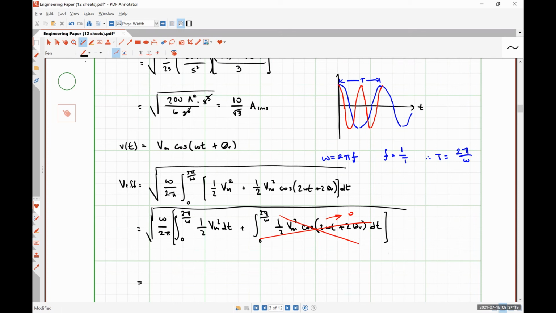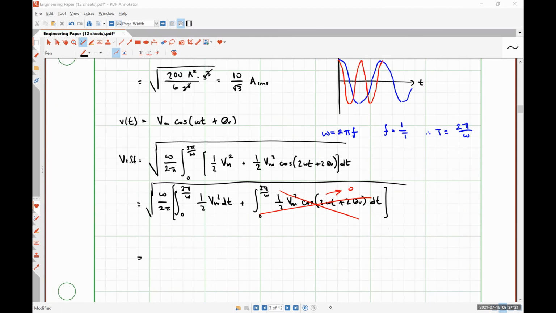So I'm going to have the square root of omega over 2 pi. I'm going to take out my factor of 1/2 Vm squared here, and then I'm just going to have t evaluated at 2 pi over omega and 0.